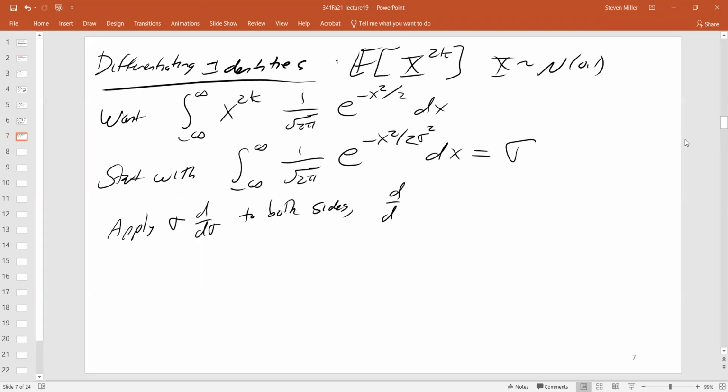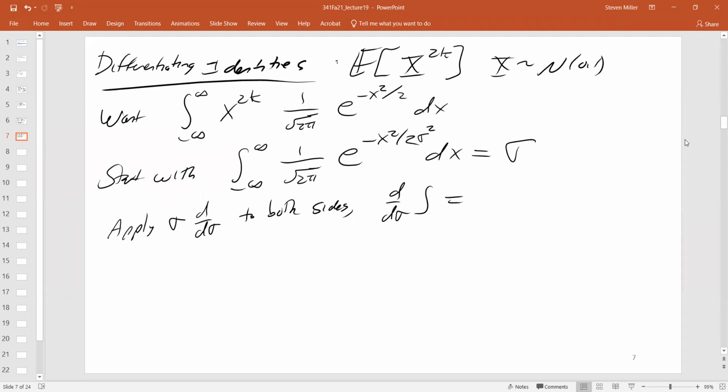And what is the derivative of the integral? Not quite. What do I want to do with the differentiation and integration? Right now I first integrate and then I take the derivative.